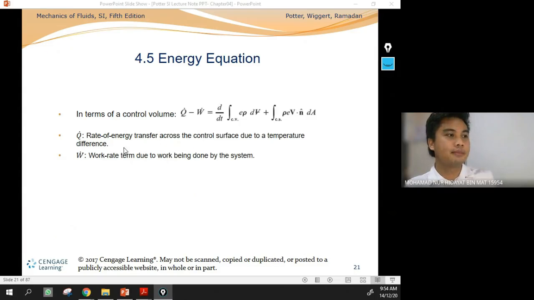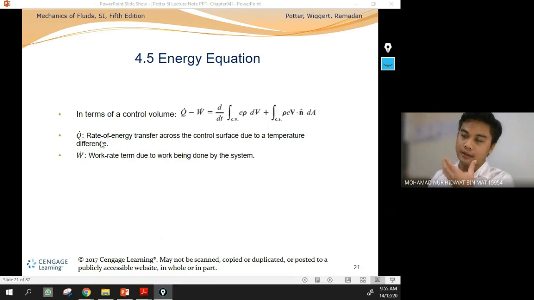So Q dot here means the rate of energy transfer due to temperature. For example, if we have water and you boil it, we call it the rate of energy transfer, the rate of heat energy. Q dot is the heat energy. Don't confuse it with Q. Q only is for the volume flow rate or flow rate.